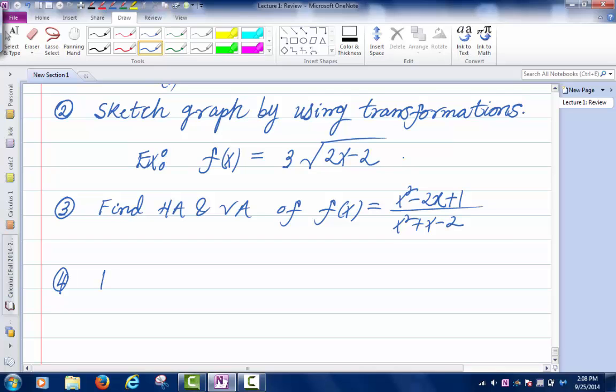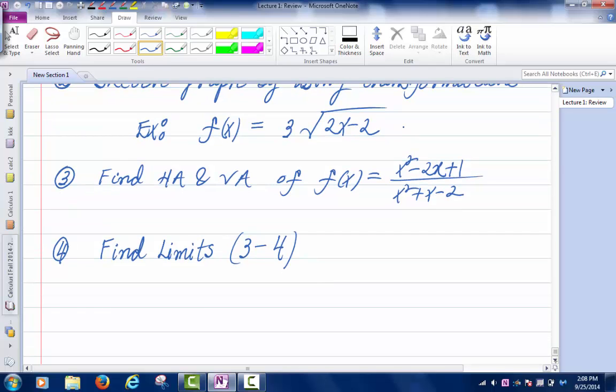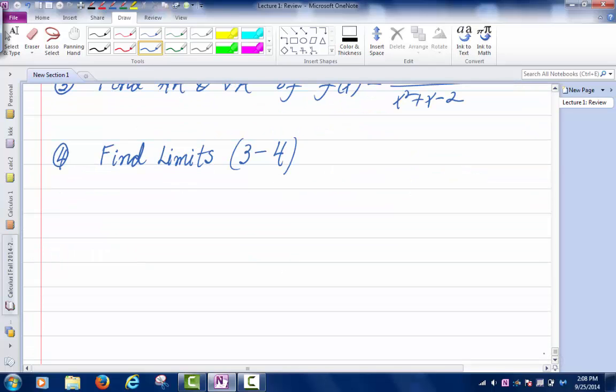For find limits. Find limits. Probably 3 to 4 of them. So maybe 3 problems, maybe 4 problems on limits. So obviously I am going to be asking at least one limit problem.